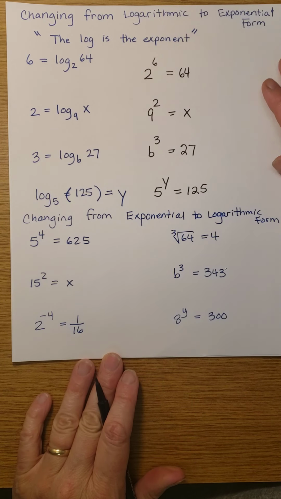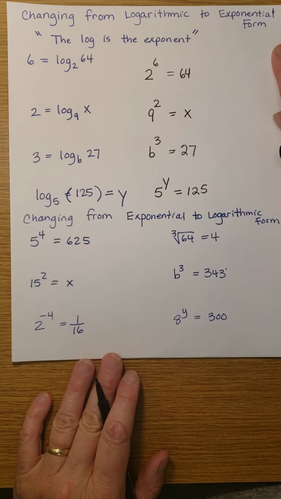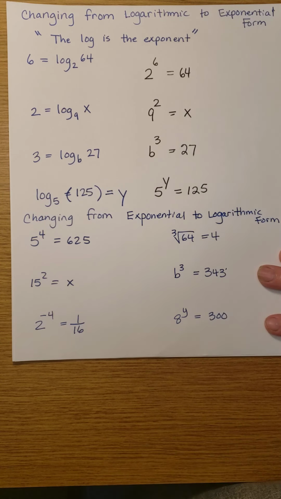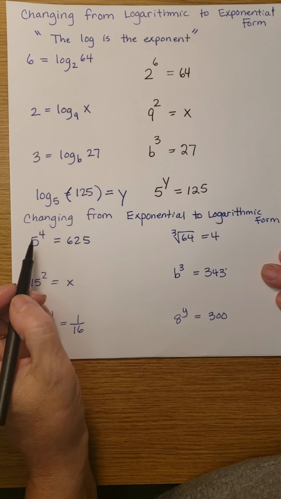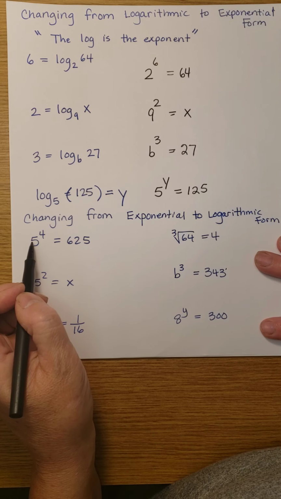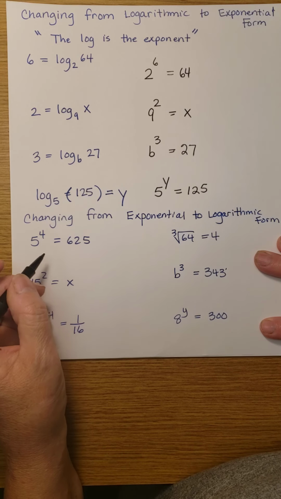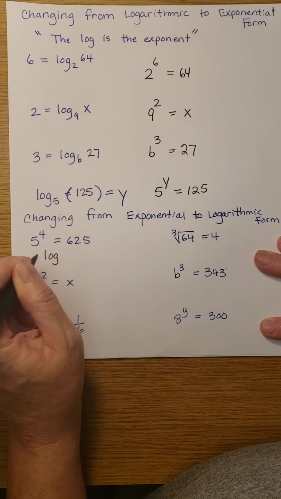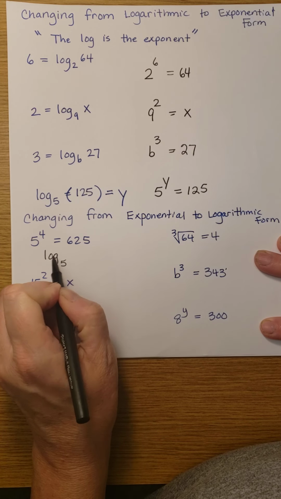All right, so that's changing from logs to exponential form. Now changing from exponential form to logarithmic form. Remember that the base is on the bottom and the log is the exponent. So we say the log, and the base is on the bottom. That's the base.